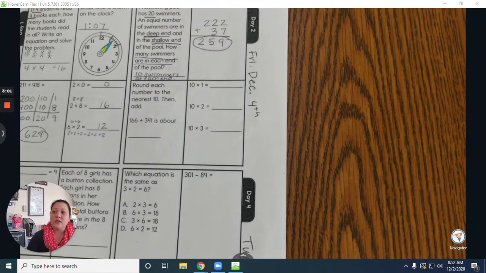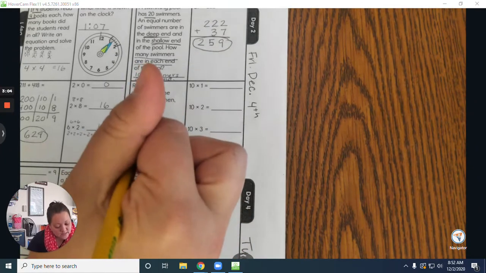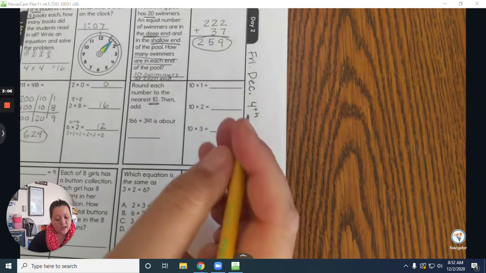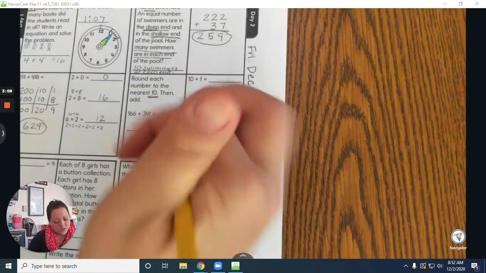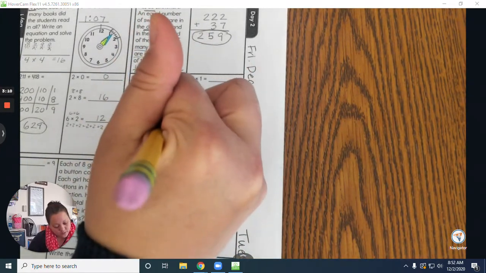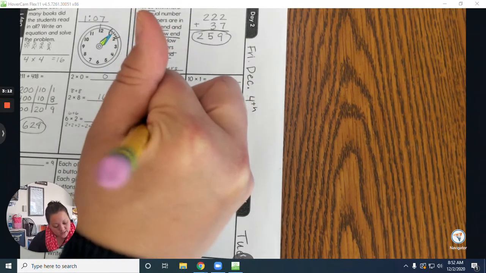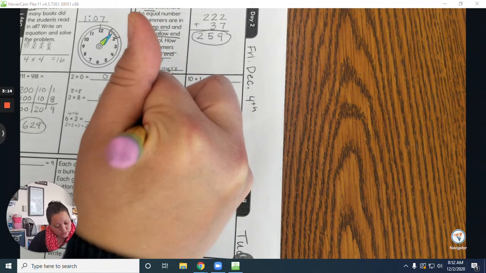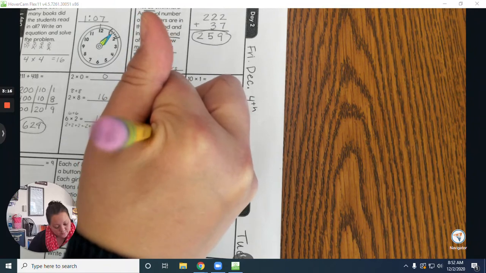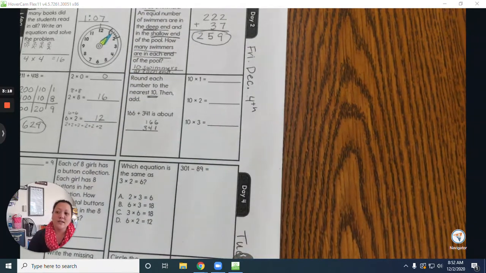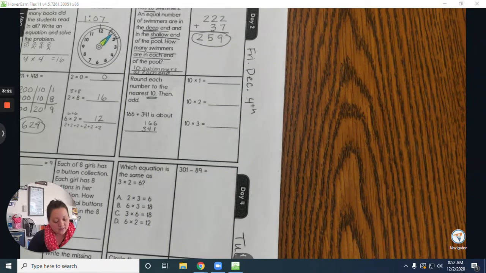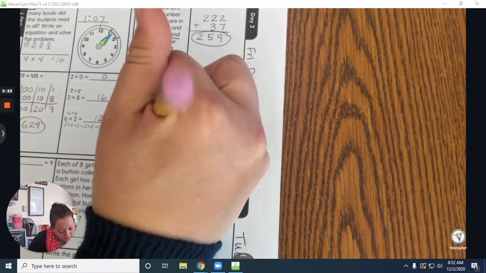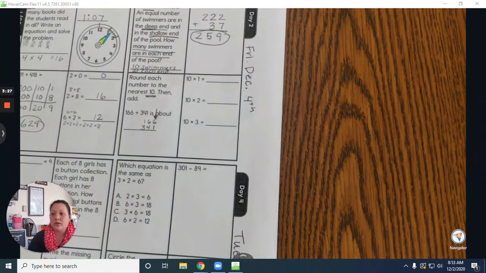Okay, round the number to the nearest 10, then add. Okay, this is a 2-stepper. So I'm going to figure out 166 and 341. Okay, if I am rounding to the nearest 10, then my ones column is the most important.